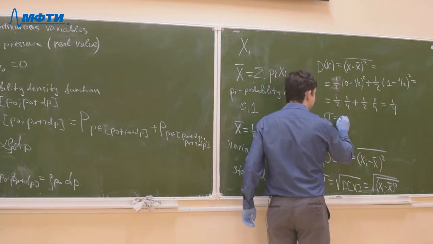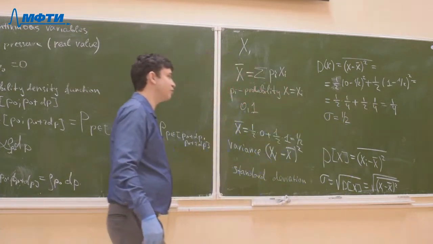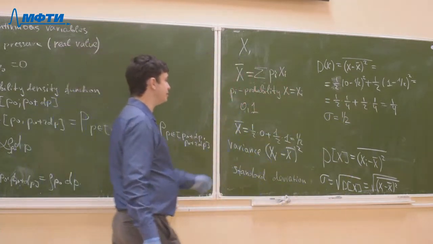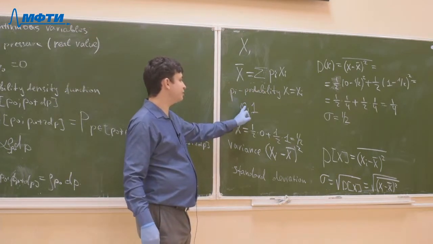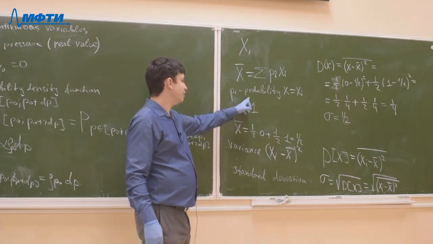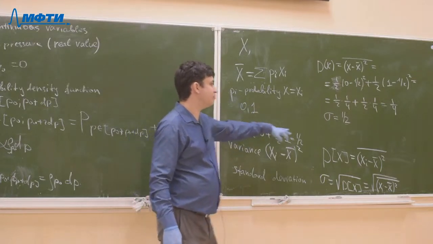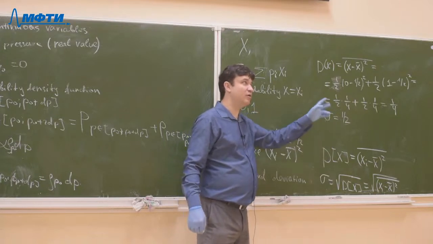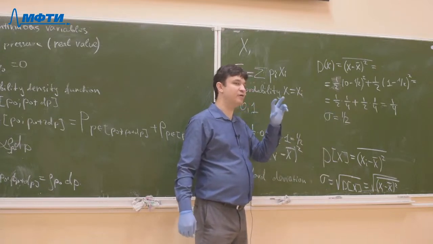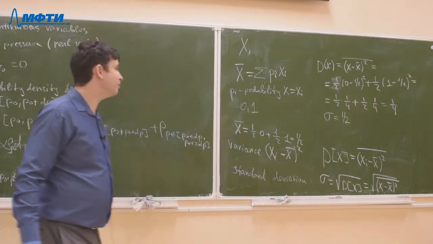And standard deviation is given as the square root of 1 over 4, which is 1 over 2. So yes, of course, if you have 0 and 1, each of these values is separated from the mean value by 1 over 2. So this value of standard deviation indeed describes how well your random values are located near the mean value.